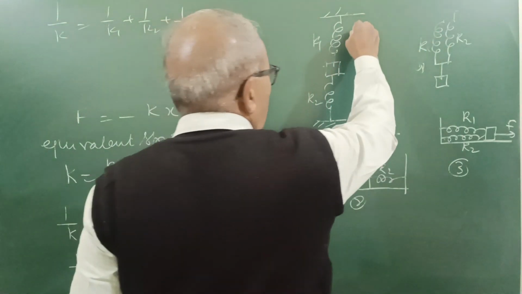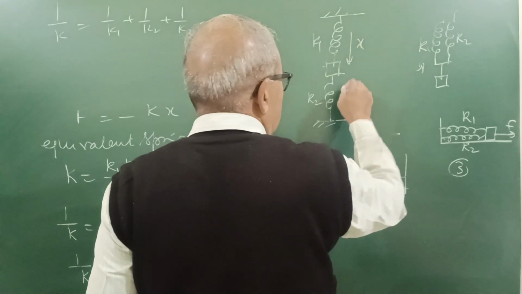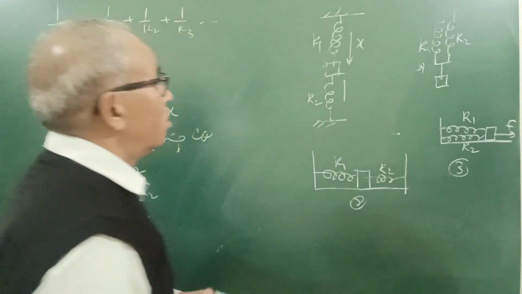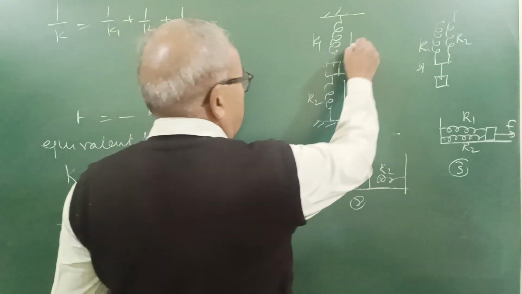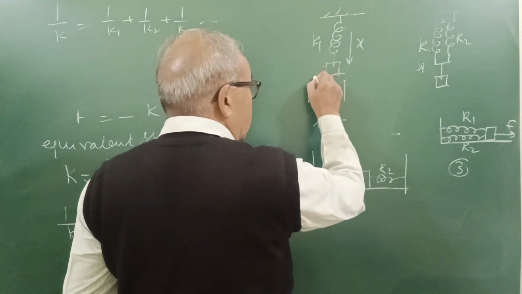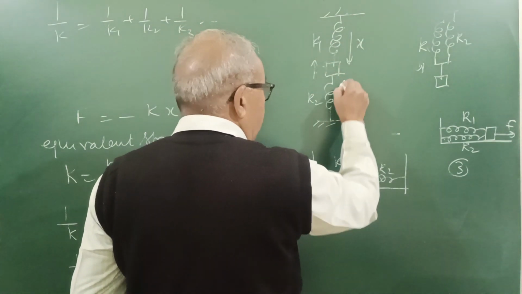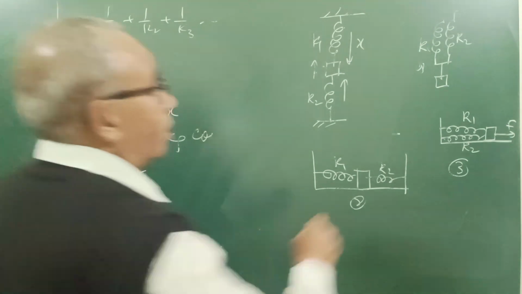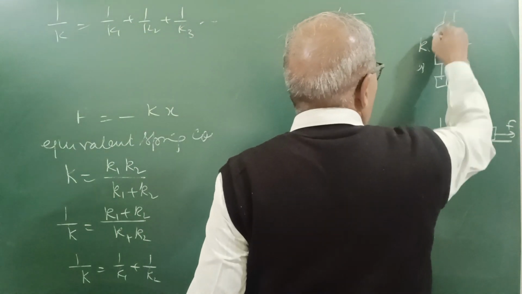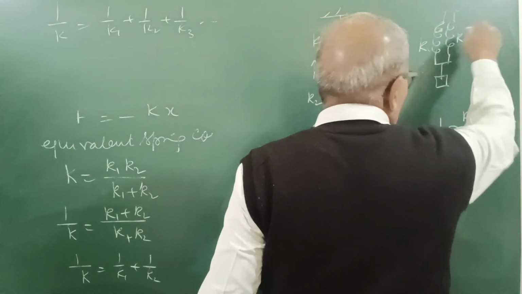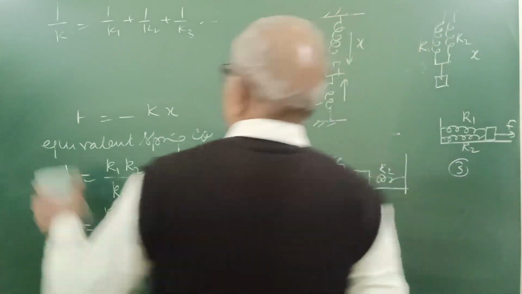If we elongate it by x, it will get compressed by x. So it will get elongated, with the force this way, and compressed this way. So similarly here both springs are equally elongated or equally compressed.